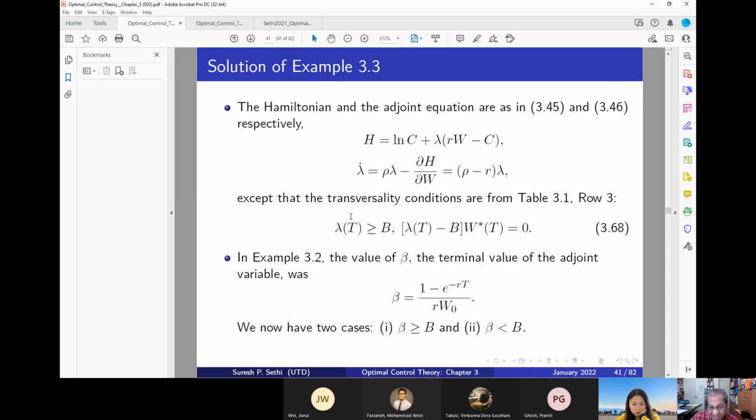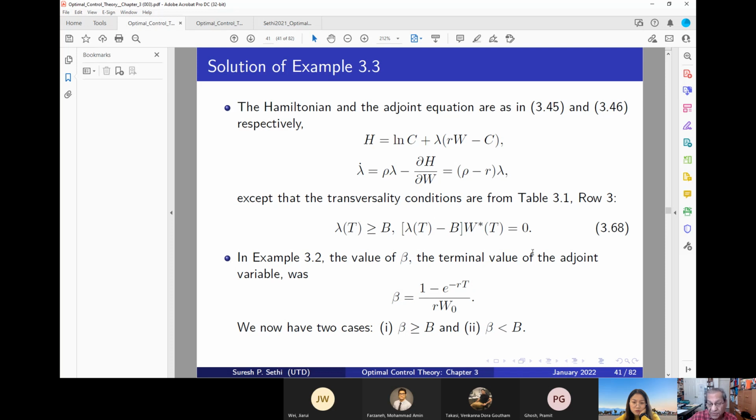If this condition is satisfied, then that is satisfied for any wealth, certainly satisfied for wt star equal to 0, which is what it would be, because b could be strictly smaller than beta, in which case beta will be strictly bigger than b. If beta is strictly bigger than b, then lambda t minus b will be strictly bigger than 0.